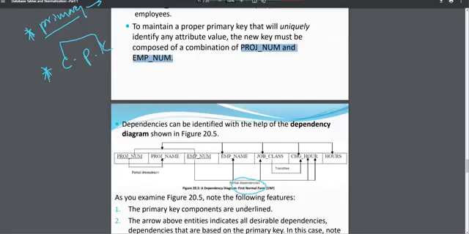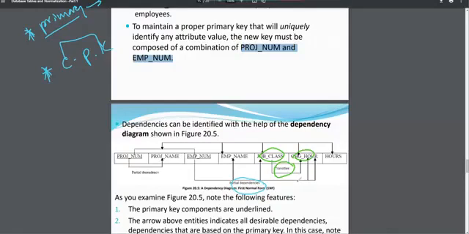Next one, transitive dependency. When you are talking about transitive dependencies, these are non-prime keys.